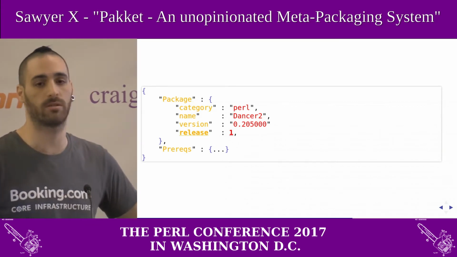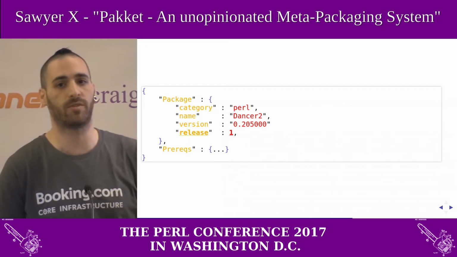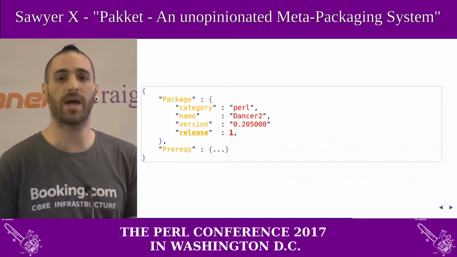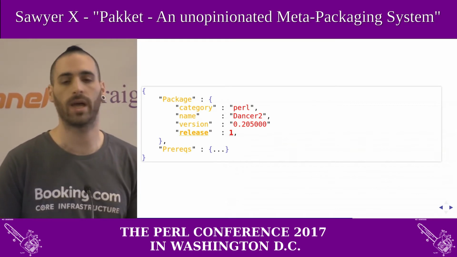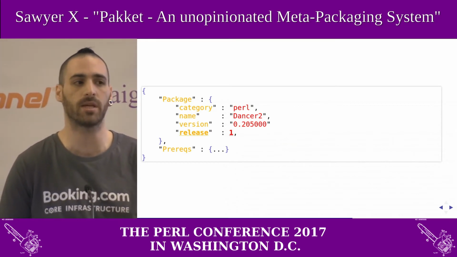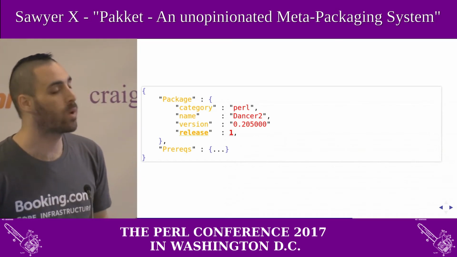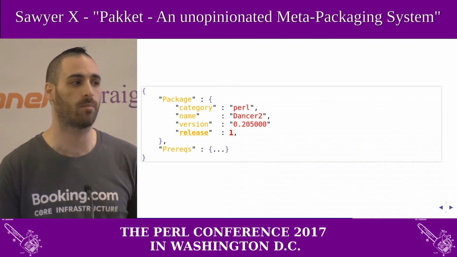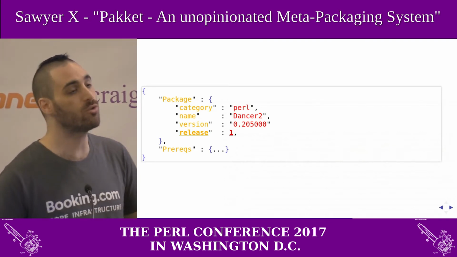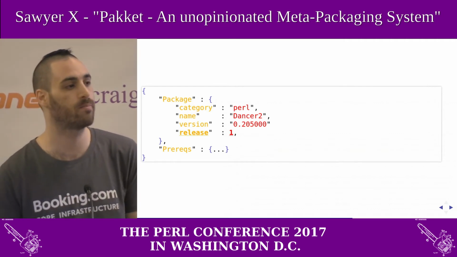So maybe you patched it. Maybe you took version 0.205 of Dancer, and you want to patch it with something. You want to add a callback somewhere, and maybe you've even submitted it upstream, and we accepted it, but you don't have time to upgrade it, or we didn't release it yet, doesn't matter. What happens is that you can maintain your own releases on top of it. So it's very important. And then you could use the version to reflect the upstream version. So you could always remain in check.